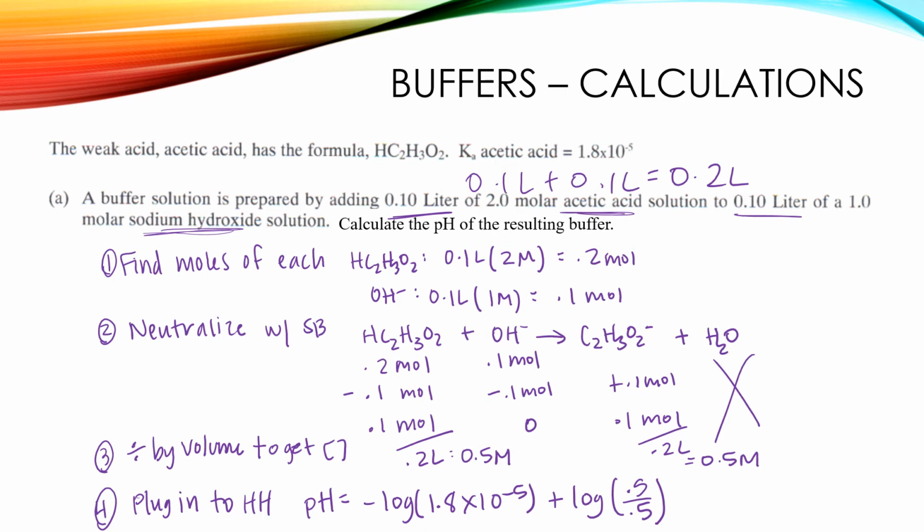So I'm going to take the negative log of 1.8 times 10 to the negative 5, and I get 4.67 is my pH. So the only difference in that question and the ones prior is this time I had to create my buffer solution by neutralizing with the strong base. So I had that indirect way of creating a buffer where I neutralized part of the weak acid with a limiting amount of strong base.